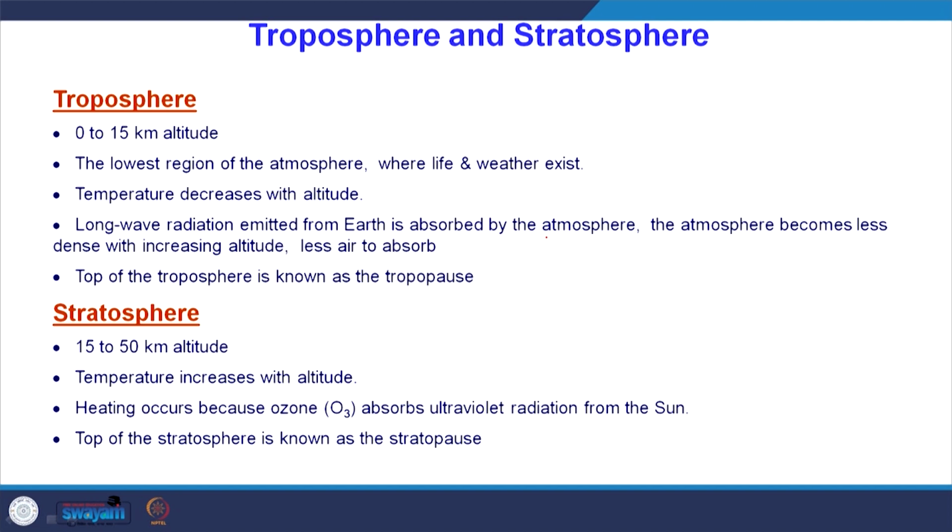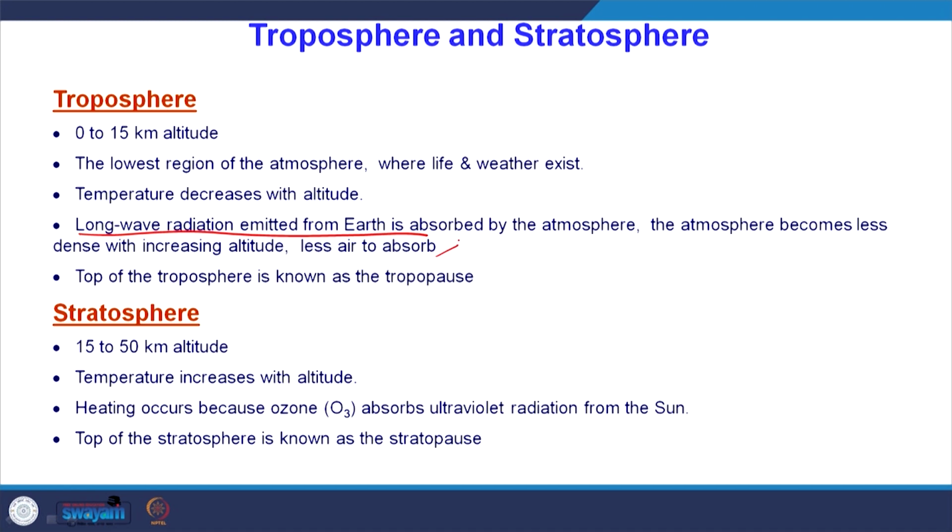Most importantly, long wave radiation which is emitted by the earth is absorbed by the atmosphere in this region. The atmosphere becomes less dense with increasing altitude, as we know, and there is less air to absorb.